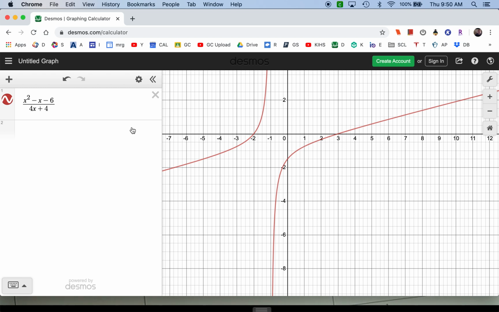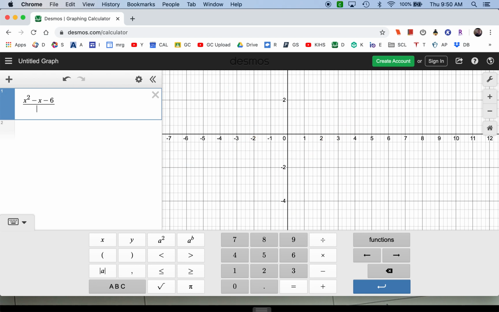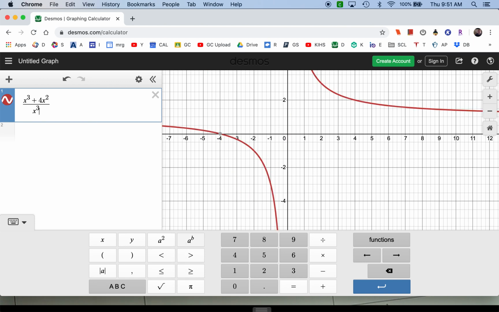Number 9. We're going to write down x cubed plus 4x squared, and then in the denominator x cubed plus 7x squared plus 12x.